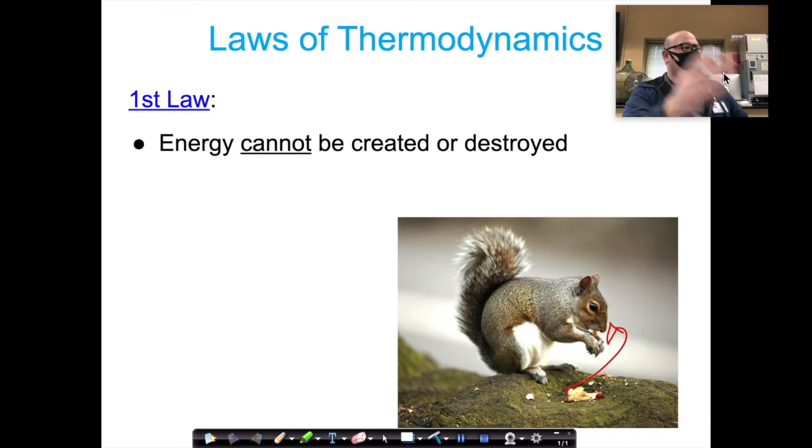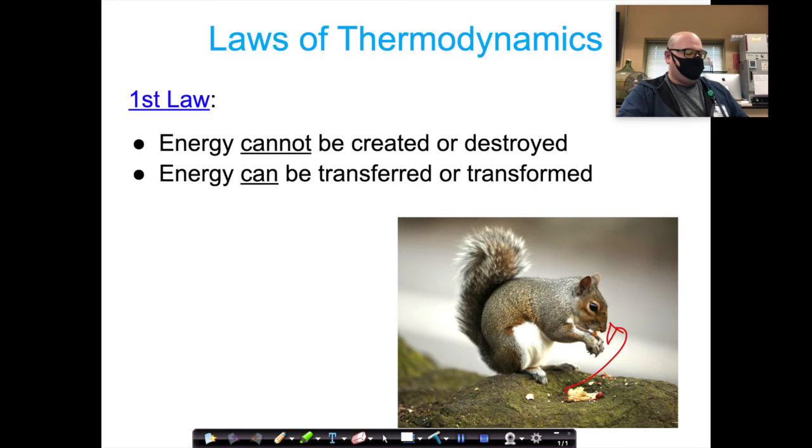It's going to get used for metabolism, and most of it's going to be released as heat. So animals don't create energy. Plants don't create energy. They transform it. So you can't create it or destroy it, but you can transfer or transform it.